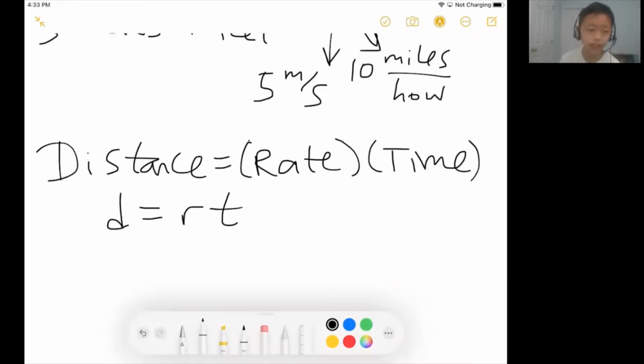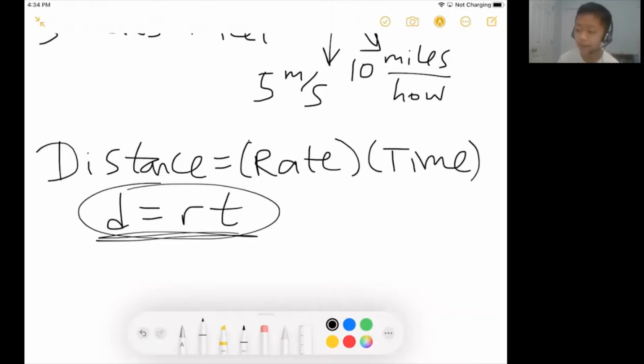When you're solving distance, rate, and time problems, this is essentially one of the only equations you'll need to use. Sometimes you might have to use some other algebra skills, but in pretty much all of these problems, this is the only equation you really need to know. That's why these problems are not hard, but they can be tricky with setting up the equations when things get more complicated.